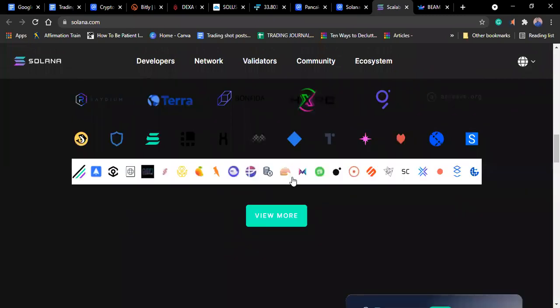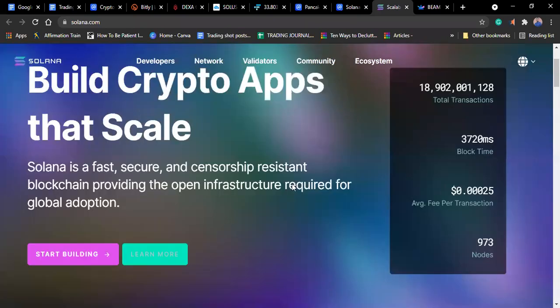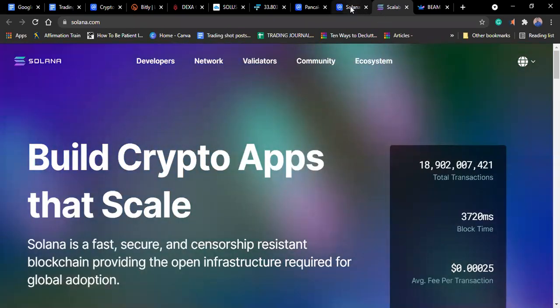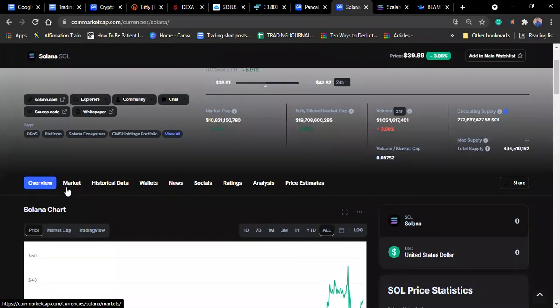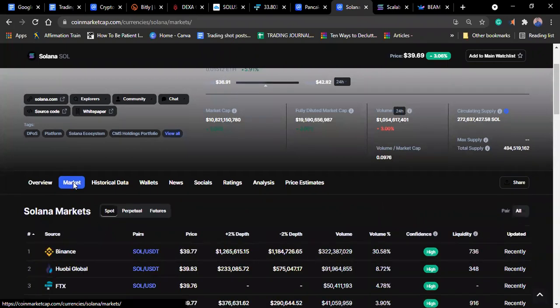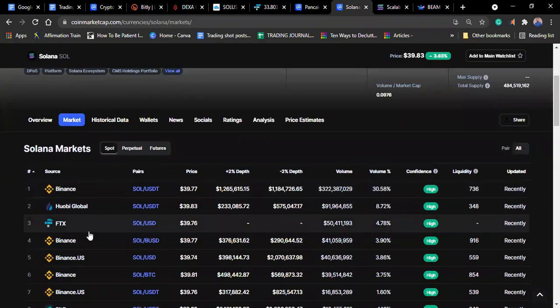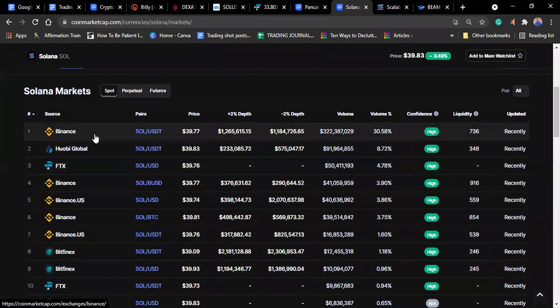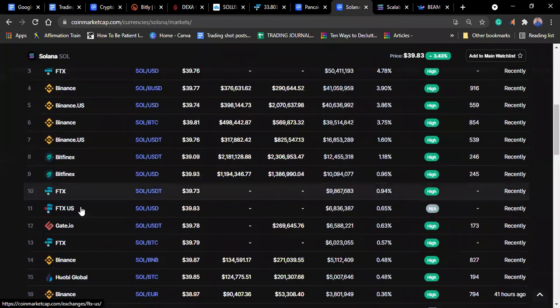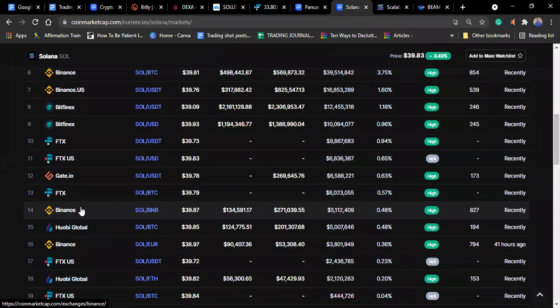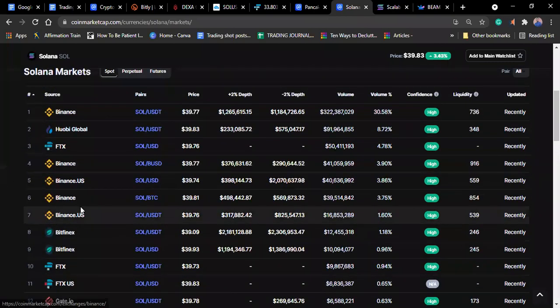So you can now say, okay, let me come and buy some Solana. You go back to CoinMarketCap. You can now go to markets and check the exchanges that are trading Solana. So you have it on Binance, Huobi. You choose the exchange that you have money on. That's why I said it's not compulsory to have all the exchanges, but you should have maybe two at least.